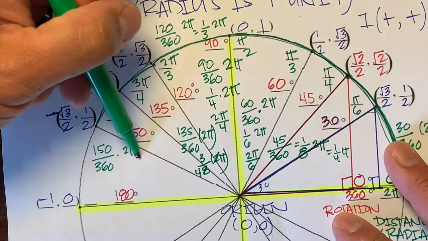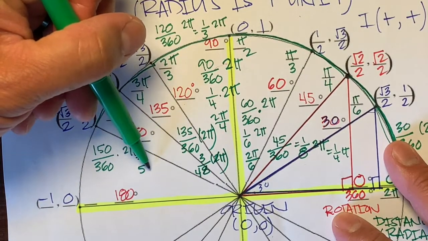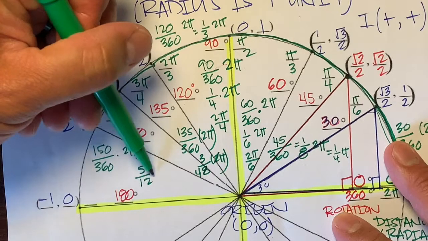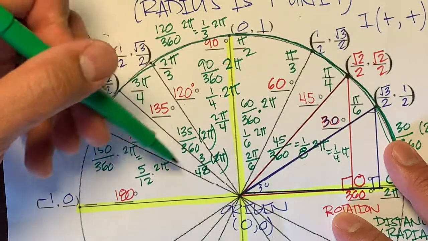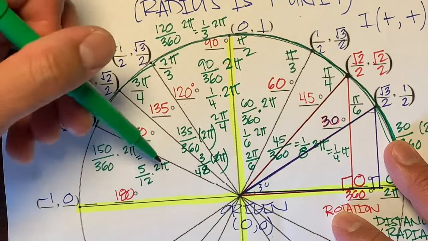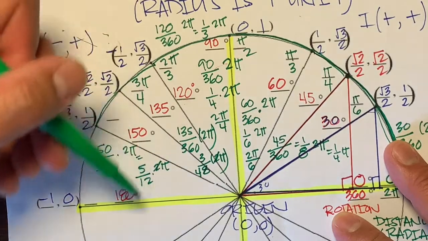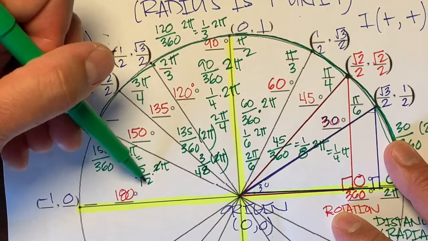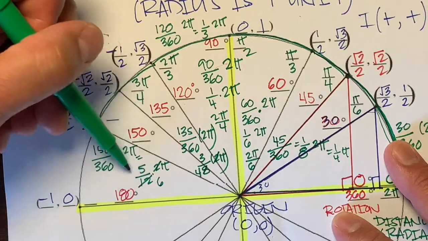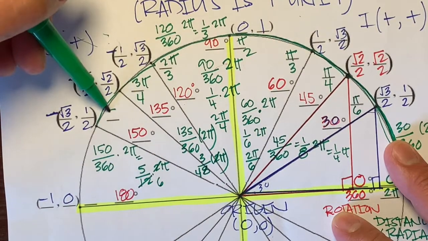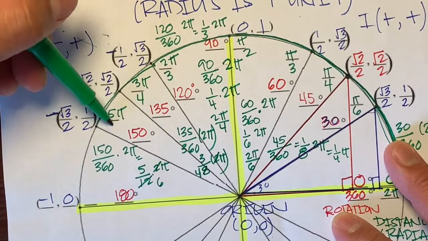So this equals 5 over 12 times 2 pi. This 2 and the 12, they reduce. The 2 turns into a 1. The 12 turns into a 6. So this is 5 pi over 6.